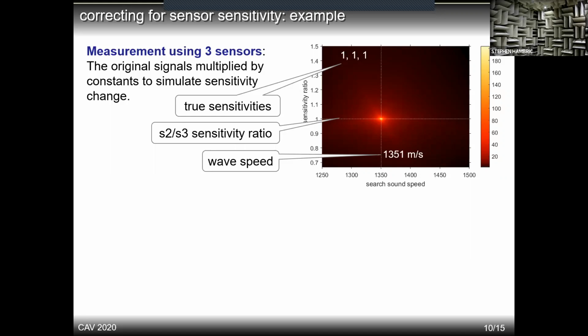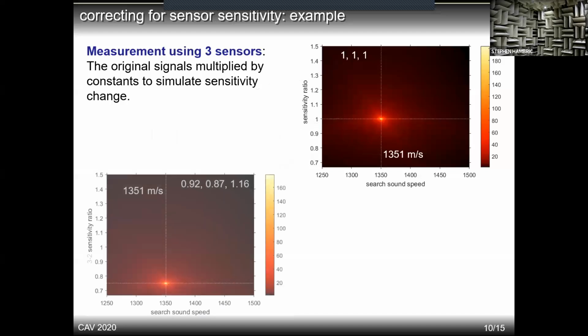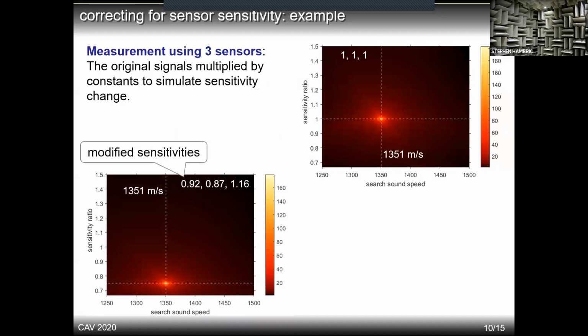These are indicated by 1, 1, 1 factors. The maximum is at the sensitivity ratio of 1, as it should be, indicating the wave speed of 1351 meters per second. The sensitivity values are then modified as shown on this map.